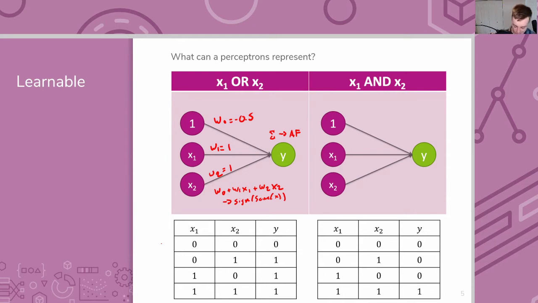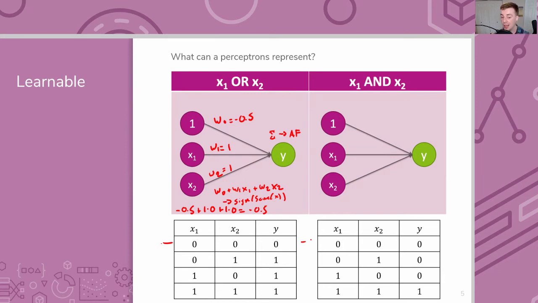Let's just consider this row: 0, 0, and the output should be 0. If x1 and x2 are 0, then we have W0, which is negative 0.5, plus 1 times 0, plus 1 times 0, which is equal to negative 0.5. And if we take the sign function, defined slightly differently so that when it's negative it outputs 0, that will output 0.